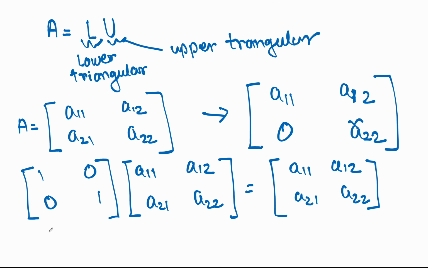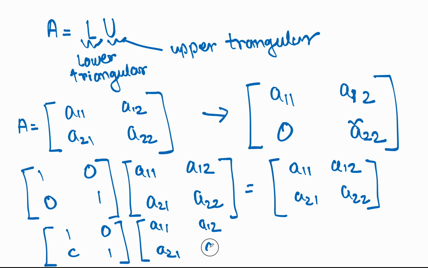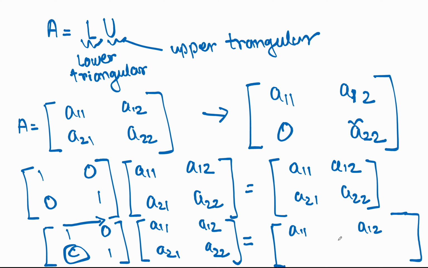Okay, so that we already know. So let's see what will happen if we multiply with some constant C here. Or let's say we replace the 0 at this location by C. If we do this multiplication, the first row 1 0 gives a11 a12, so we can see that the first row has not changed.